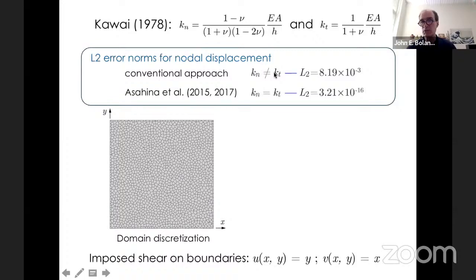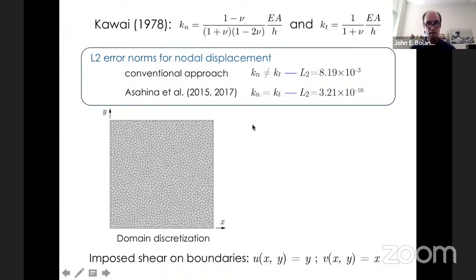And so we're able to simulate Poisson's ratio in a macroscopic sense, but locally there is some variation. So for example, originally Kawai proposed the normal spring and the tangential spring would follow these relationships depending on Poisson's ratio, Young's modulus, the area, the common facet between the nodes, and the distance between the nodes.